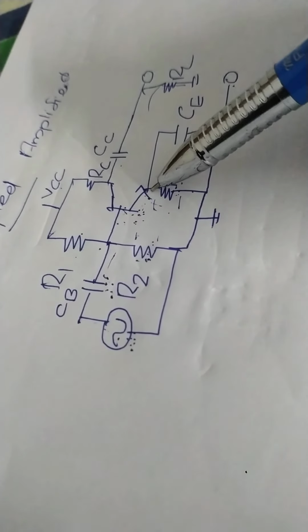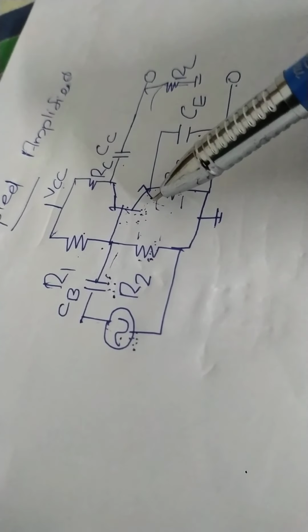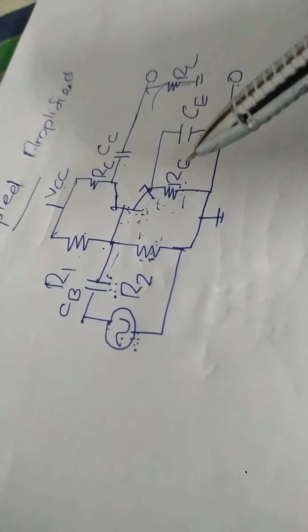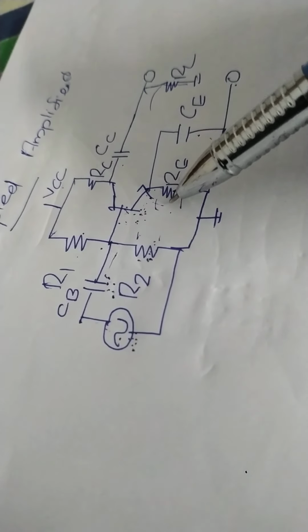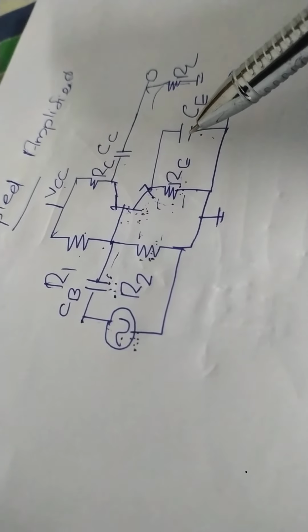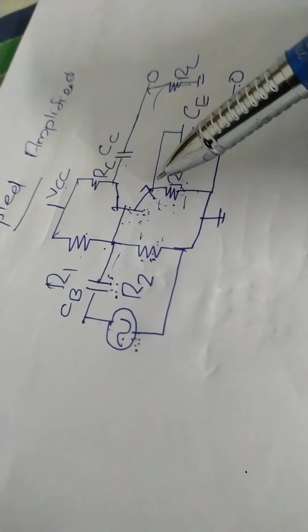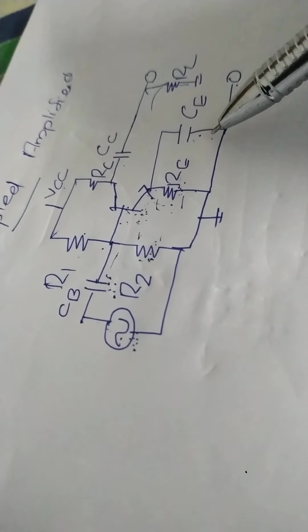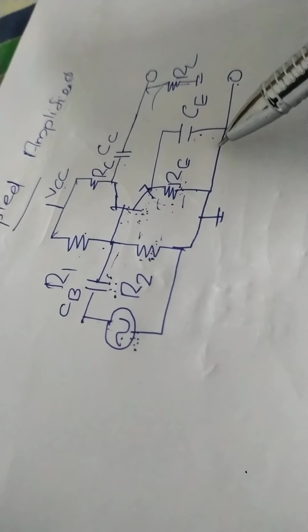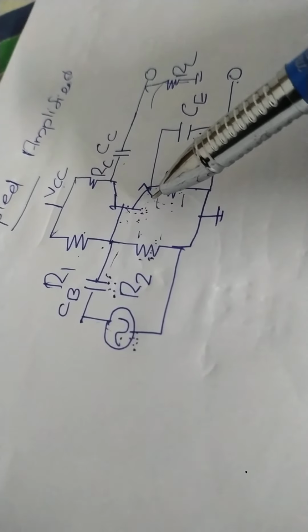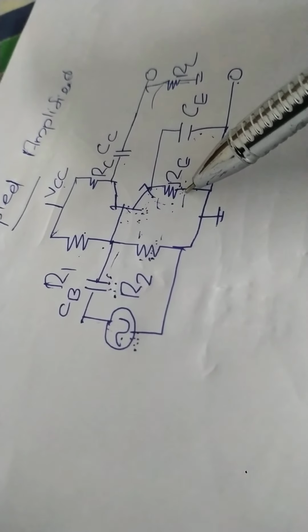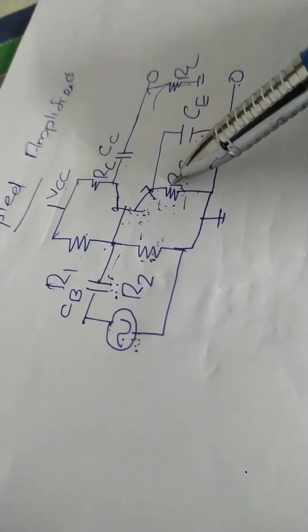If the current flows through this capacitor, we know the impedance of the capacitor is less than the resistance of the resistor. So the current will flow through this bypass capacitor to the ground. If the current flowed through the emitter resistance, a voltage would be developed across it and subtracted from this voltage.